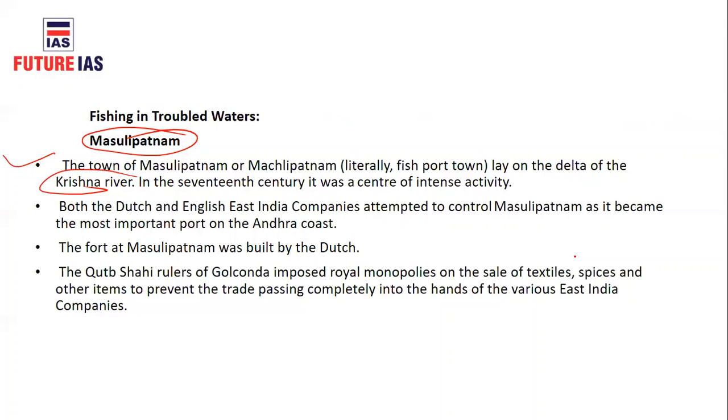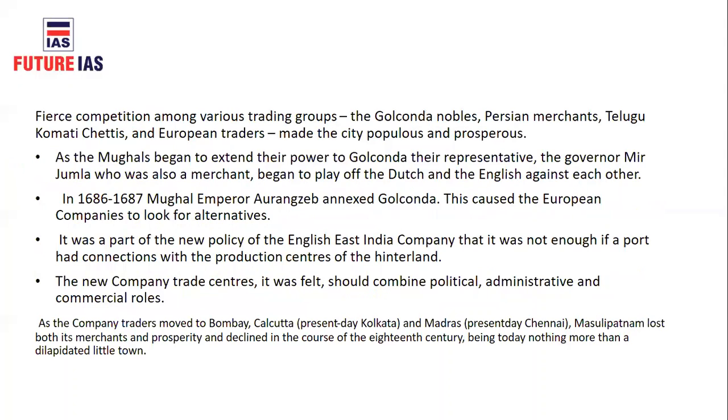The Dutch East India Company constructed a fort at Masulipatanam, right? And the Qutub Shahi rulers of Golconda imposed monopolies on the sale of textiles, to prevent the sale of textiles and spices through this port through the hands of the East India Companies, which led to further complication in the relationship between the Golconda rulers and the British, isn't it?